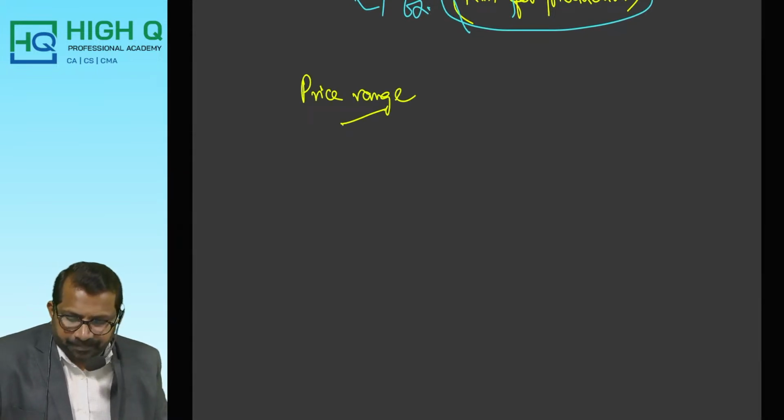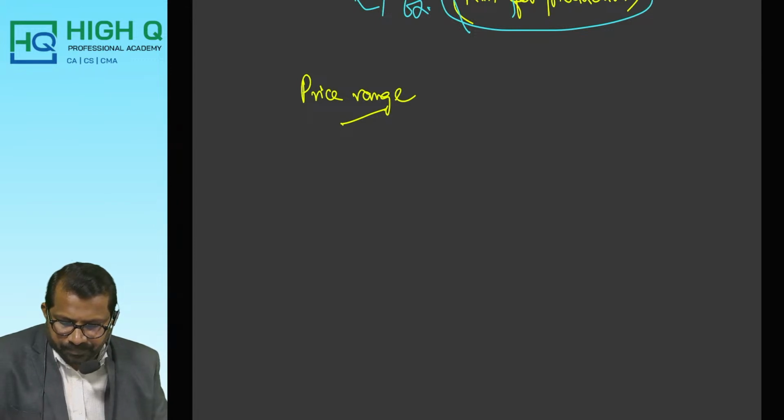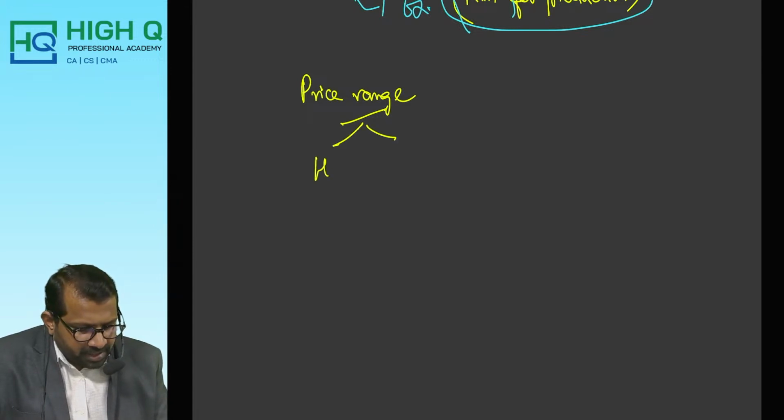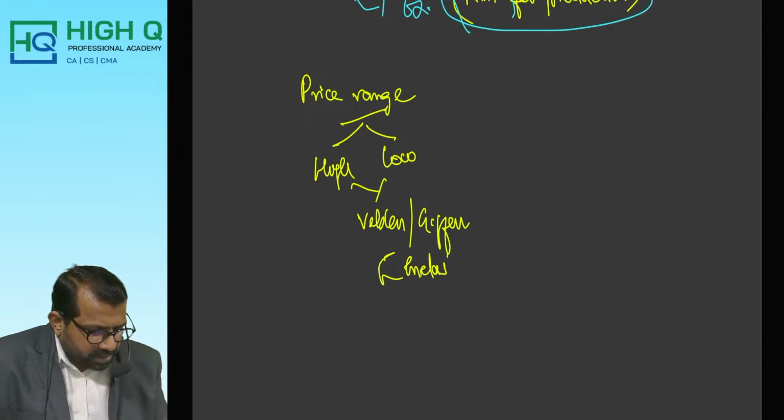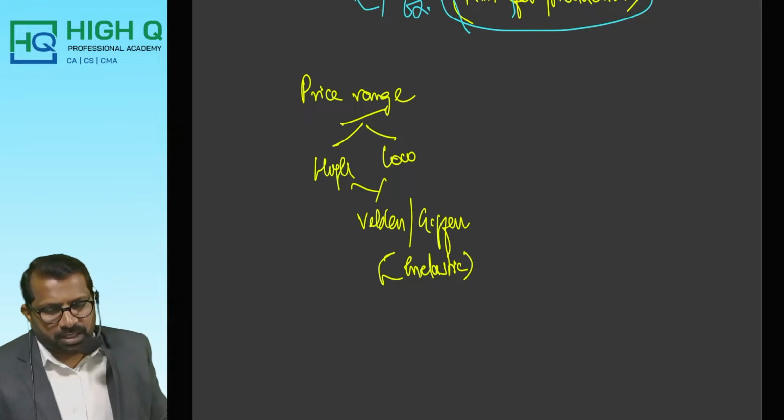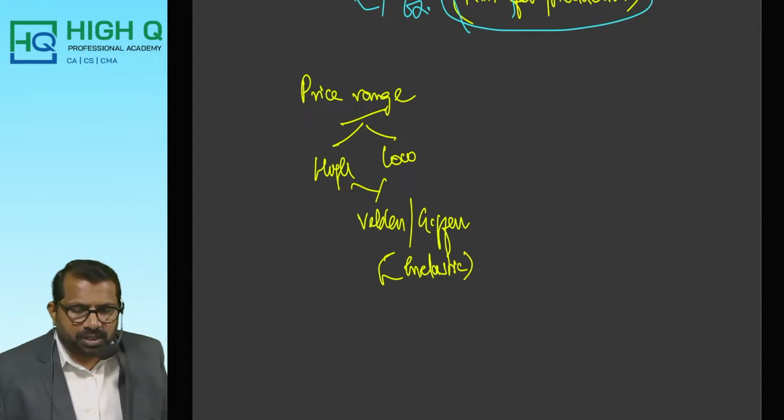Price range, either high price or low price. So here, the Veblen effect or Giffen goods come under inelastic demand. Already we have discussed Robert Giffen, who gave the statement on Veblen goods, the Veblen effect or Giffen goods.